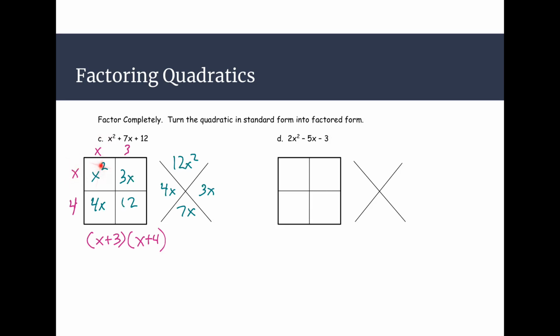So x times x gives me x squared, x times 3 gives me 3x, x times 4 gives me 4x, and 3 times 4 gives me 12. So then we just take our answer. The left side is x plus 4, and the top is x plus 3. Remember, order doesn't matter, so if you said x plus 4 and x plus 3, that's fine as well.